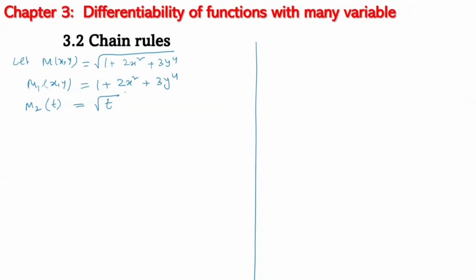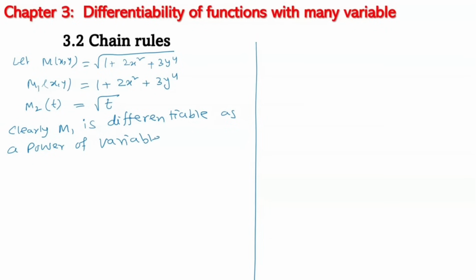By similar logic of the polynomials and powers of the variables, clearly m1 is differentiable as a power of variables, and m2 is also differentiable.